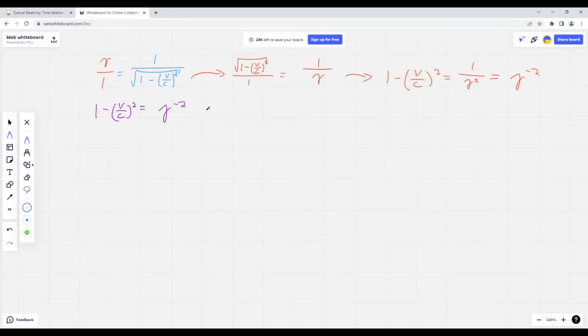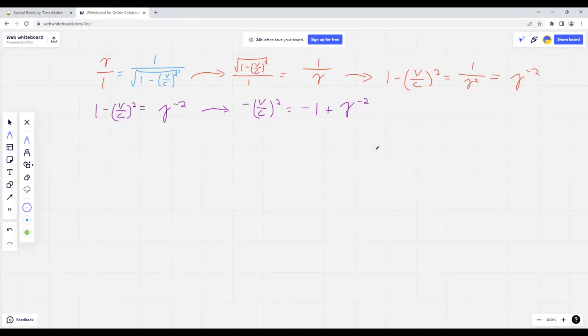So I want to subtract by 1. Be careful with your signs. You don't want to forget that this would still be negative because it was minus v over c squared. If I subtract 1, then I'm going to have -1 plus gamma to the -2. The order may seem weird here, but it's intentional for the signs that are about to flip.